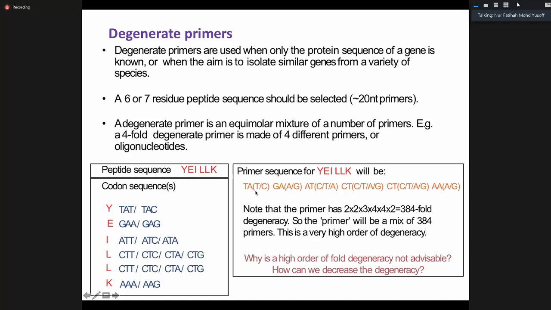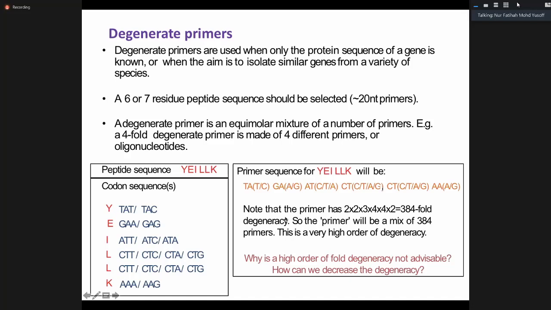So that's why you get these different primer sequences at the end. Do you get it? So it could be TAT, GAA, ATC, and so on, or TAC, GAG, ATT, CT, and so on. So that will be multiple primers.